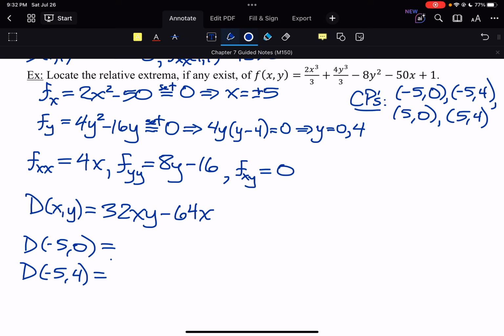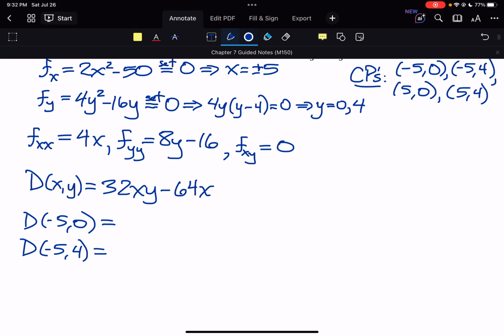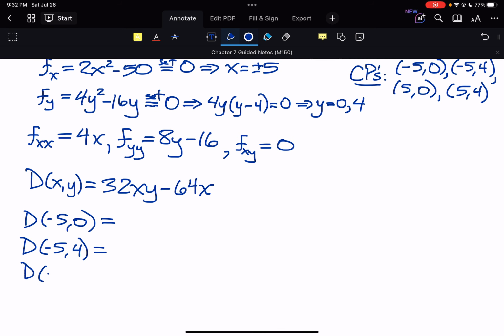All right. So now we can keep going with this. Well, the case where y is 0 turns the first term into a 0. So that ends up giving us negative 64 times negative 5, which is positive 320.